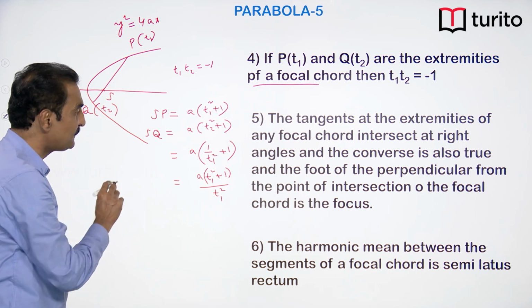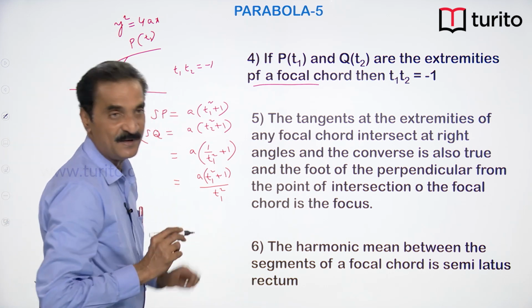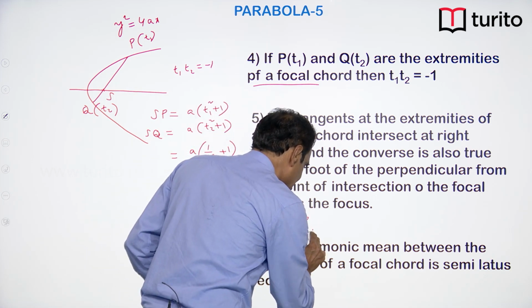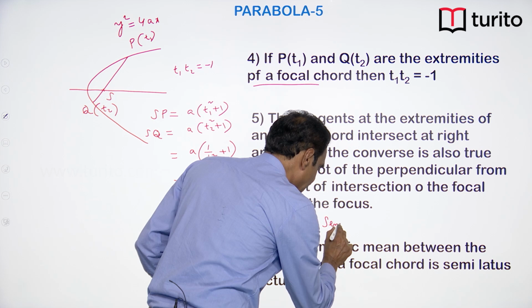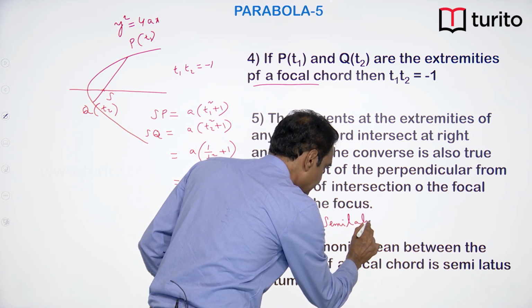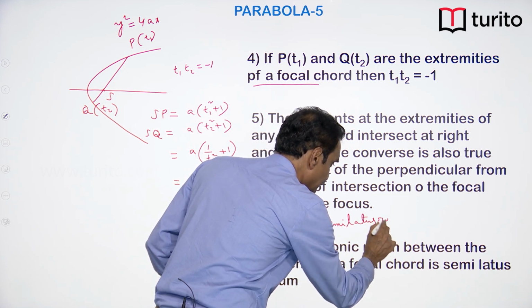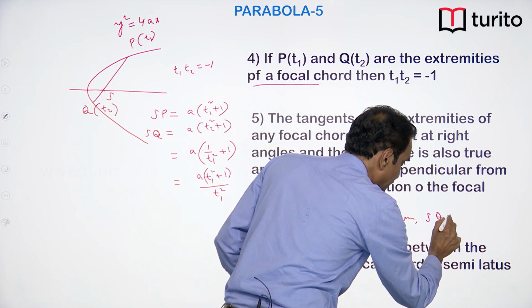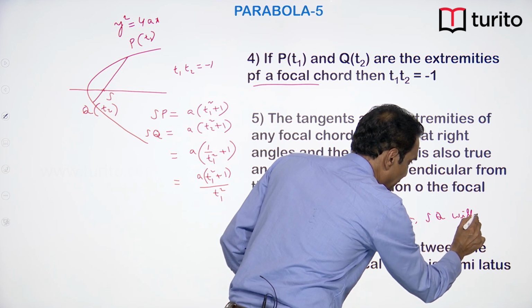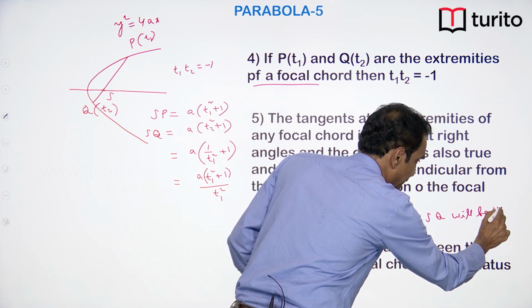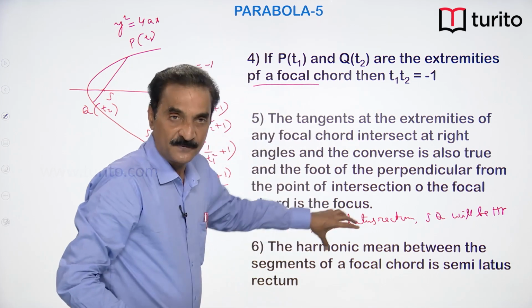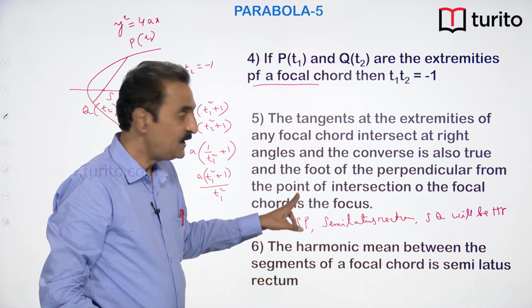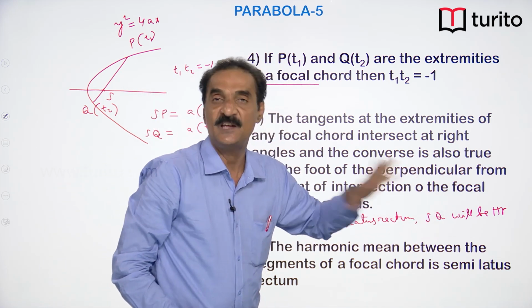If the harmonic mean of SP and SQ is the semi-latus rectum, then SP, semi-latus rectum and SQ will be in HP, sorry, not GP. If the semi-latus rectum is the harmonic mean of SP and SQ, then SP, semi-latus rectum and SQ will be in HP.